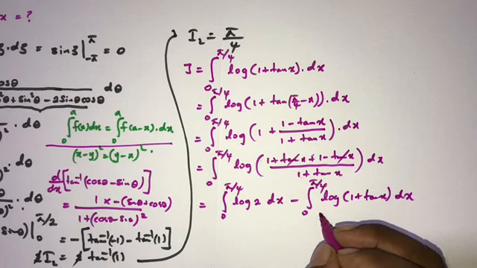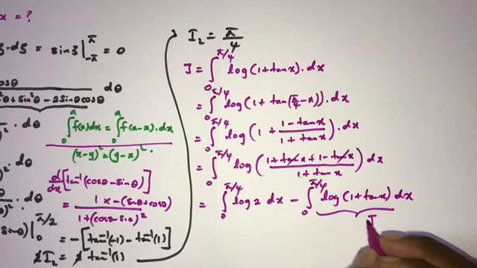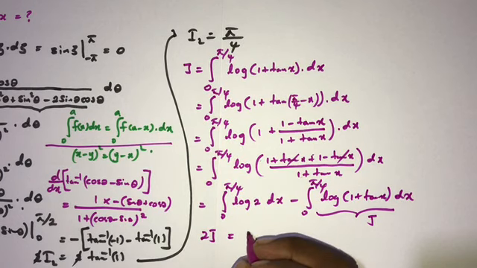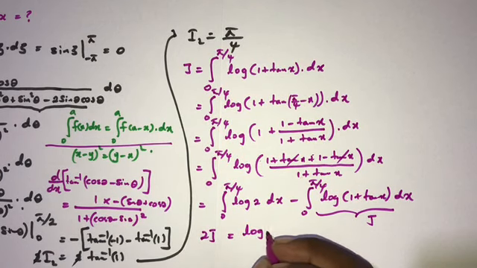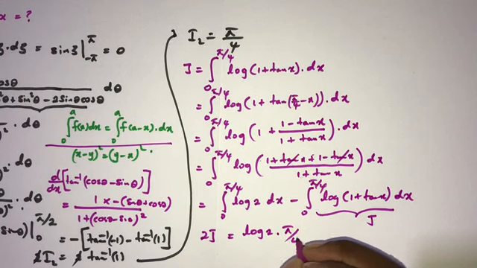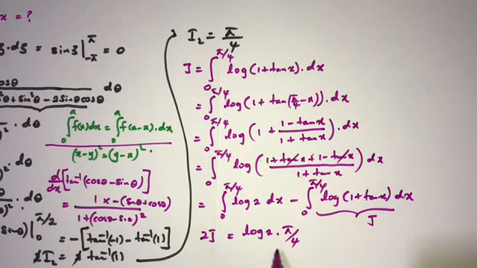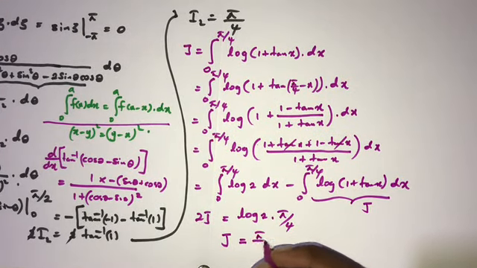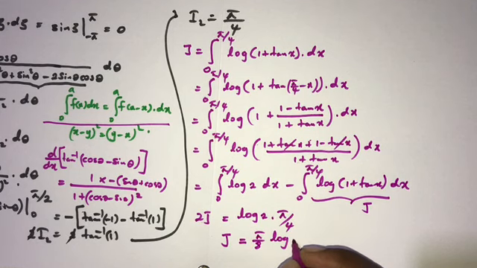Okay, we know this is also equal to J, so 2 times J is equal to, here natural log of 2 and the integral of dx from 0 to π over 4, so π over 4, now here 2, so J is equal to π over 8 natural log of 2.